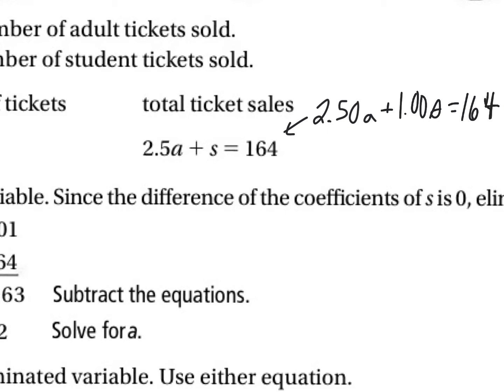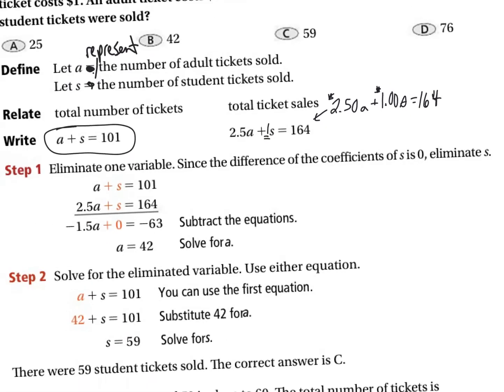You don't have to have that. What they had is fine. But just to make sure you understand, there's the $1 and the $2.50, that's how they got this. They don't really show anything next to the S, so I would probably put a 1 there at least. But anyway, those are our two equations.